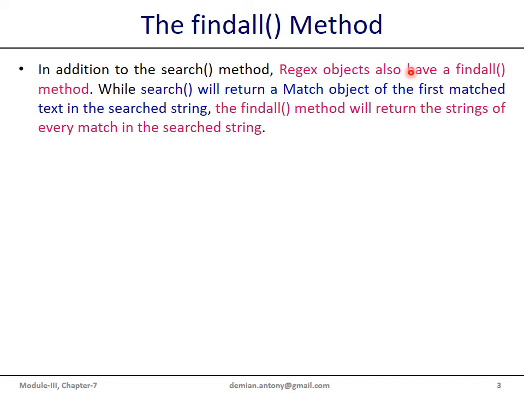The FindAll method will return all the matched strings as a list. This is how the FindAll method can be used to match and return all the occurrences of a particular pattern as specified in the regular expression.